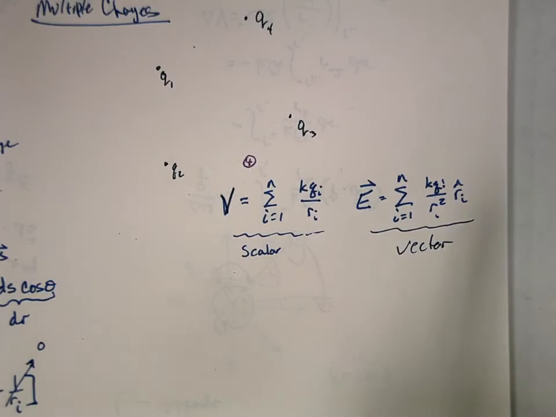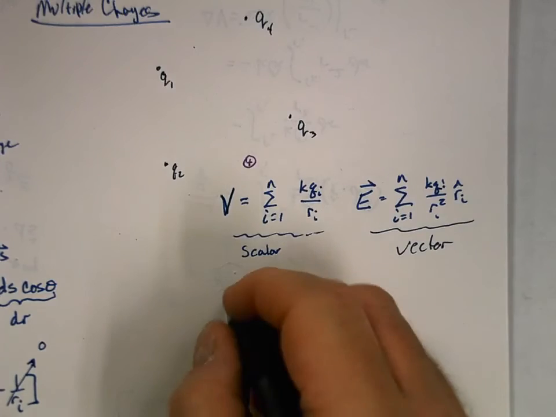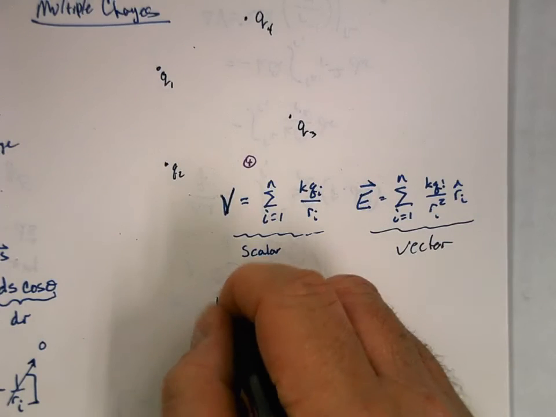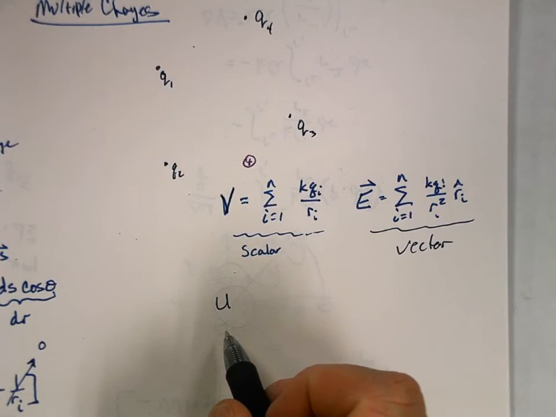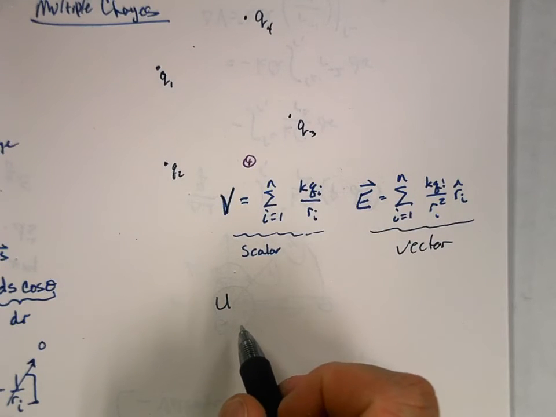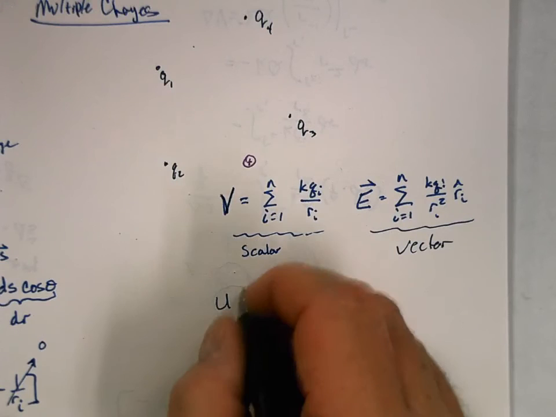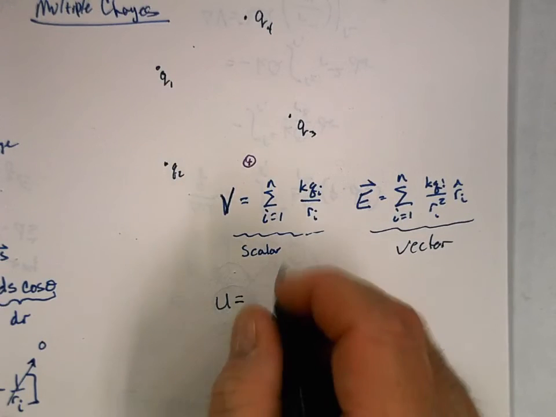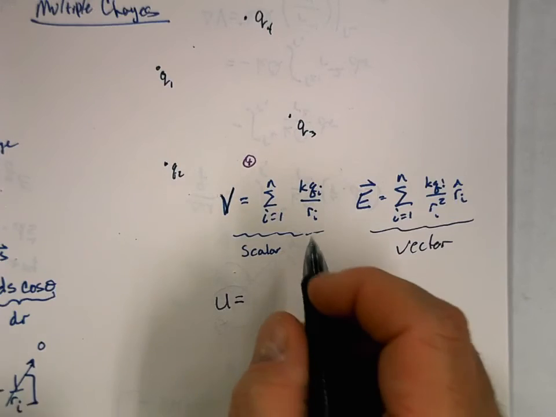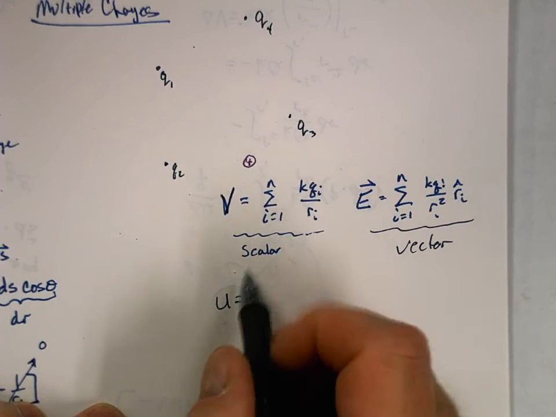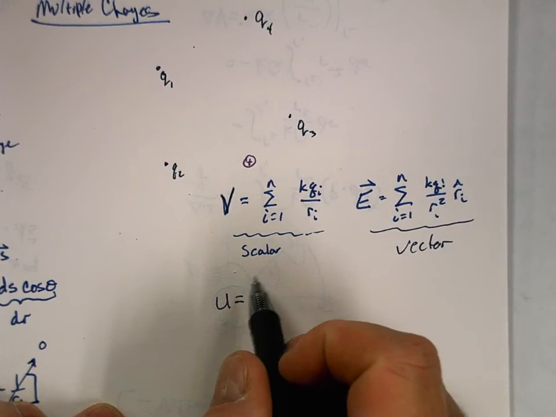Good. Okay. Our potential energy. Is potential energy a vector or a scalar? It is a scalar. Potential is a scalar. Is there a direction to the potential energy?